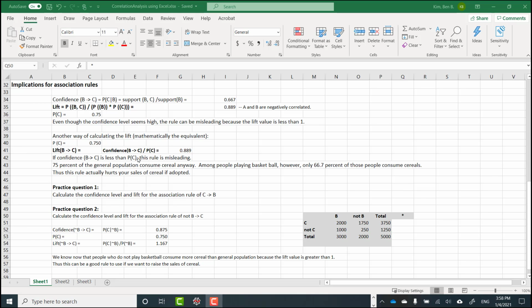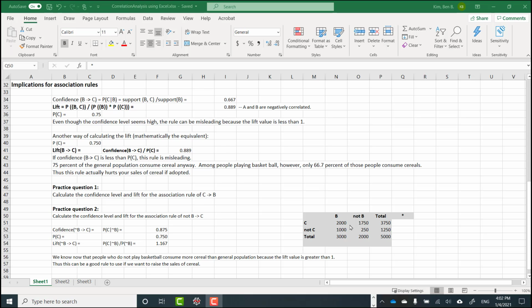All right, let's do some examples. We have the same data: basketball, not playing basketball, cereal, not eating cereal, and a total of 5,000 transactions. How about the business rule B implies C, play basketball, eating cereal? The probability of C given B: given B, that's 3,000, and among those, who's eating cereal? That's 2,000.